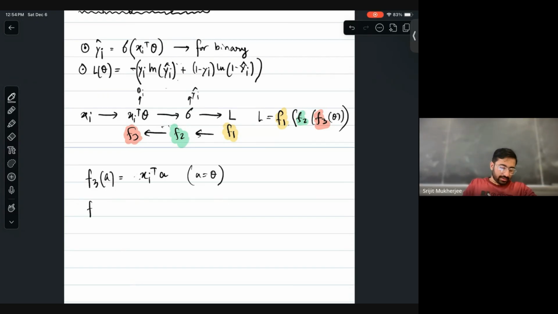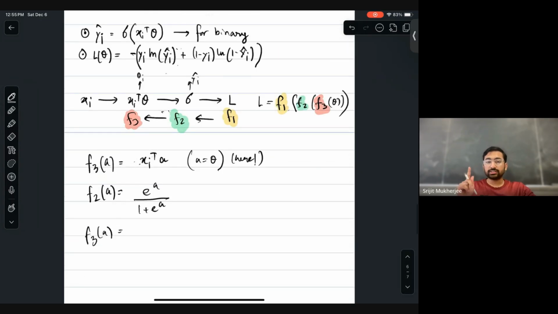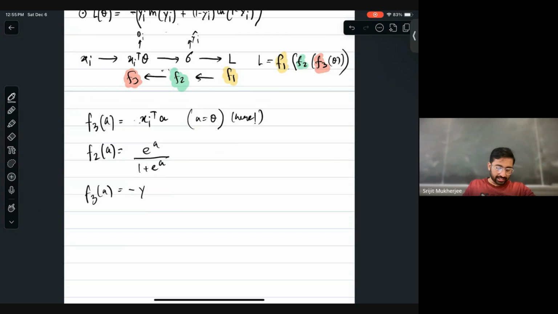F2 of a is sigma of a, which, if you remember, is e to the power a divided by 1 plus e to the power a. And F1 of a, where yi is constant and yi hat is inputted, will be minus of yi ln of a plus 1 minus yi ln of 1 minus a.